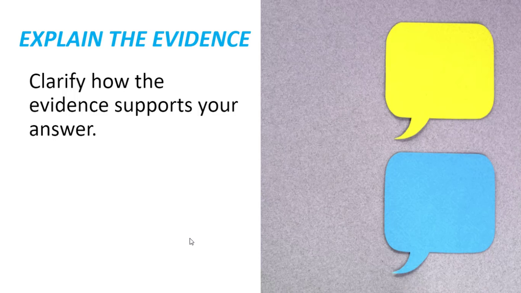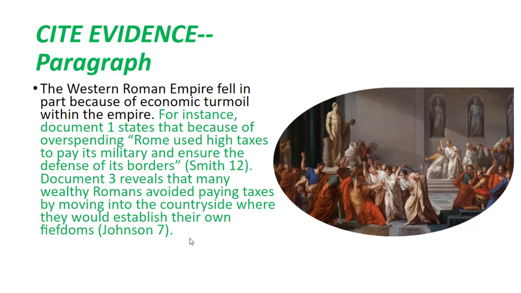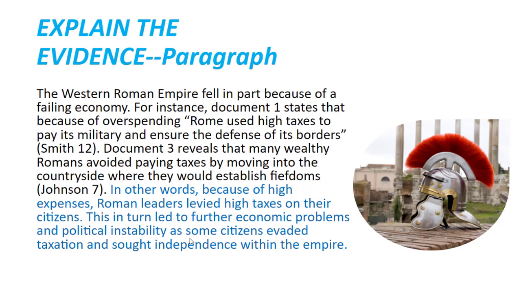The next part is to explain the evidence. And here's where we want to clarify how the evidence supports our answer. We don't want to just say the evidence in another way, but we want to continue to develop the paragraph.